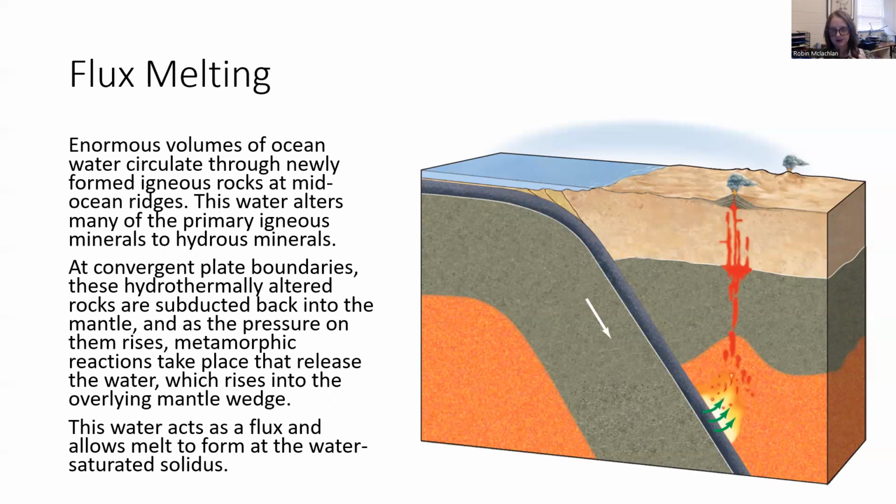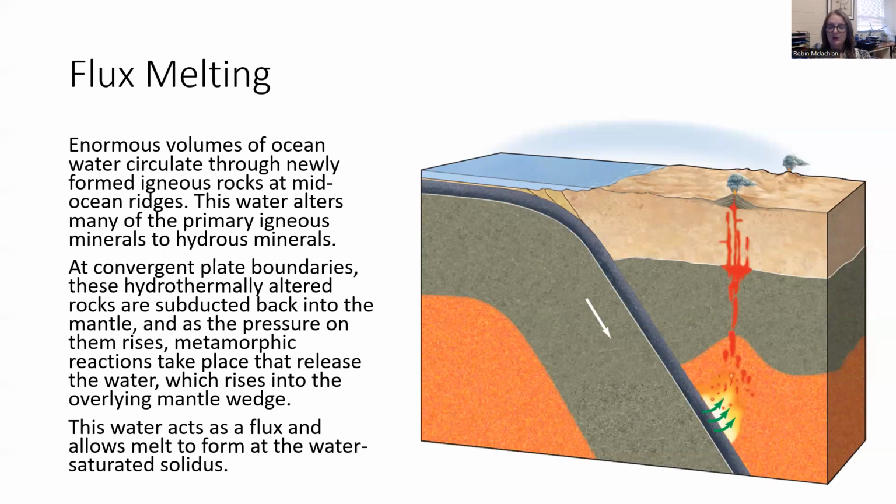So these hydrous minerals that are formed on the ocean floor will be subducted deeper and deeper down into Earth at subduction zones. And when this happens, the water that's in those minerals will undergo metamorphic reactions. That water will be released.